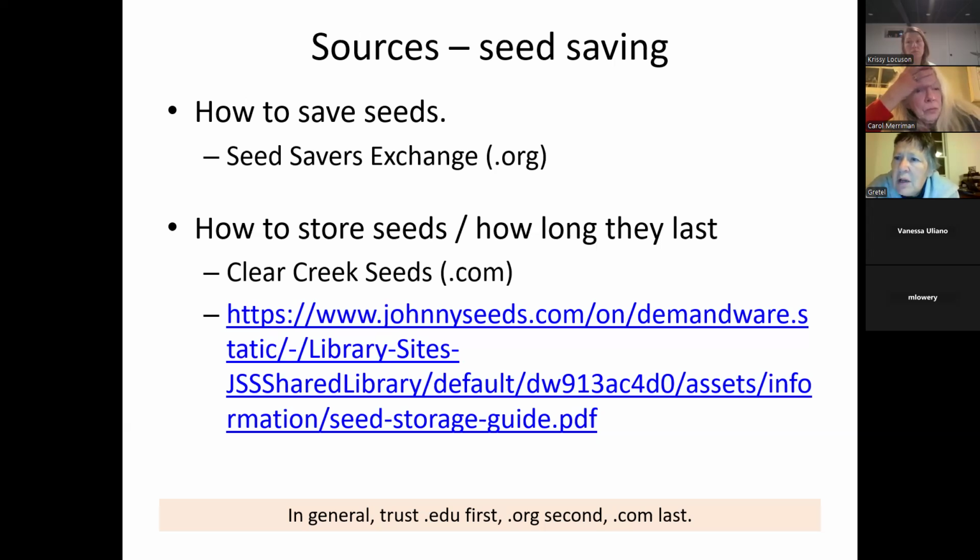Check who wrote it, check that it was written recently, last 3 to 5 years, and then go with that. .org is written by a nonprofit, and they have a mission, to the extent that what they say is going to be flavored by that mission.